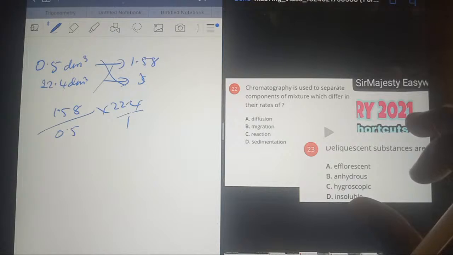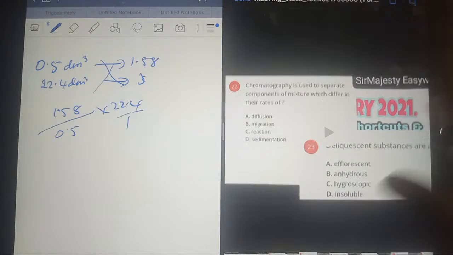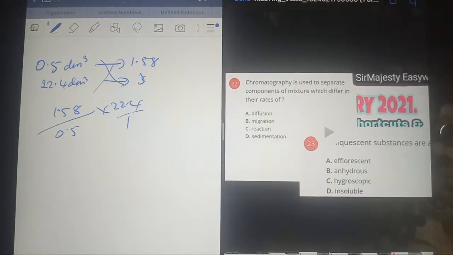The molecules have different speeds because of their different molecular weights, so they migrate at different speeds. So it is actually used to separate based on migration ability, or the speed at which they move. Molecules that move at the same speed on a particular medium, that is the stationary phase, cannot be separated by chromatography, and this is mostly applied in separation of colored substances.